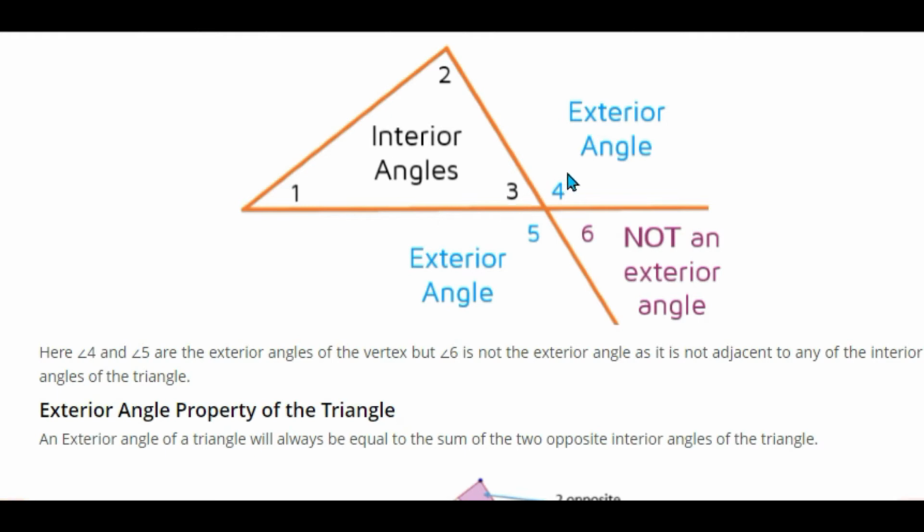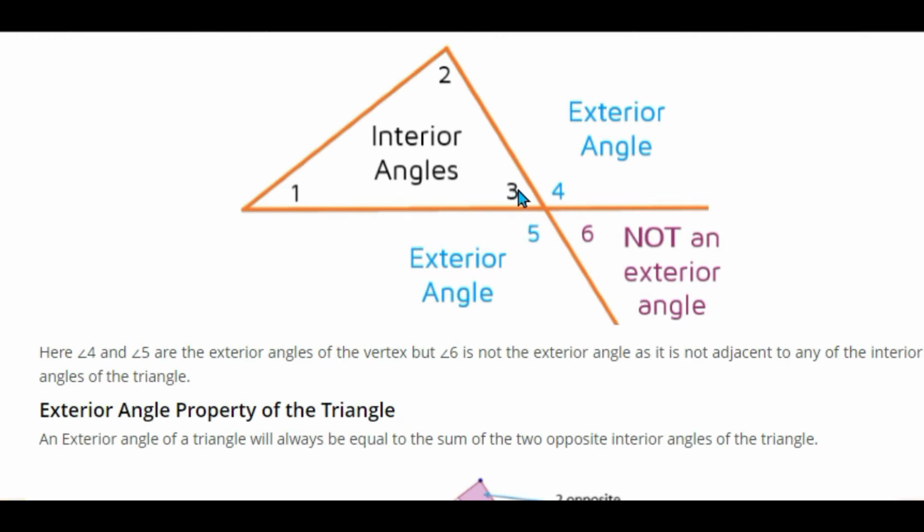Clear? So 3 and 4 are the angles made upon a line. This is a line on which angles 3 and 4 lie. So why is it an exterior angle? Because together 3 and 4 form a linear pair. Whereas if we talk about 5 and 3, they also form a linear pair.